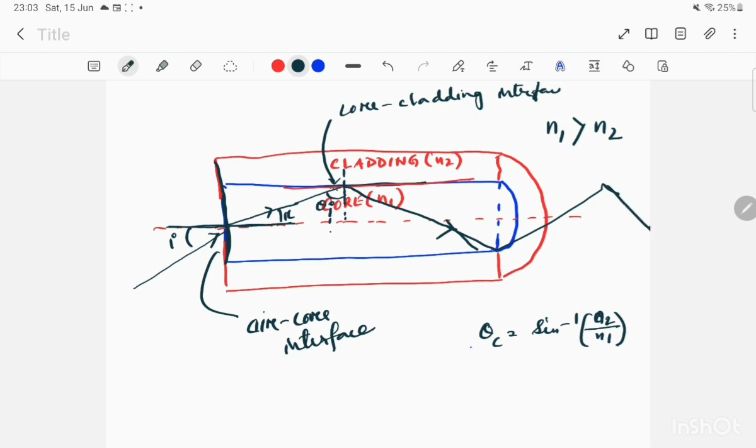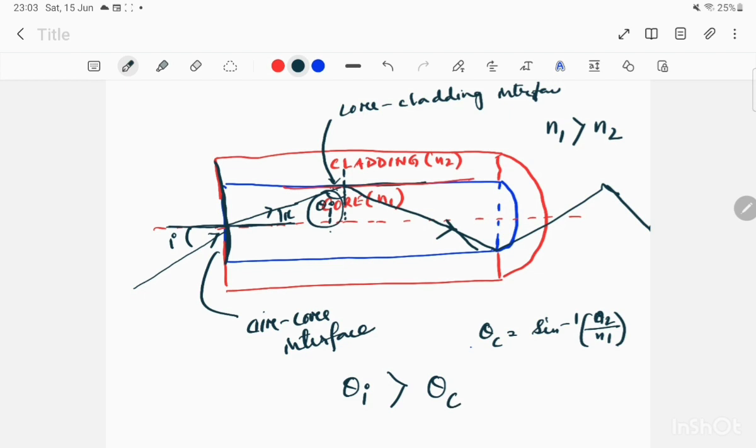And for that to happen, core must be denser than the cladding. Again, when it is a denser to rarer medium transmission, another condition that has to be fulfilled is that this theta i must be greater than theta c.